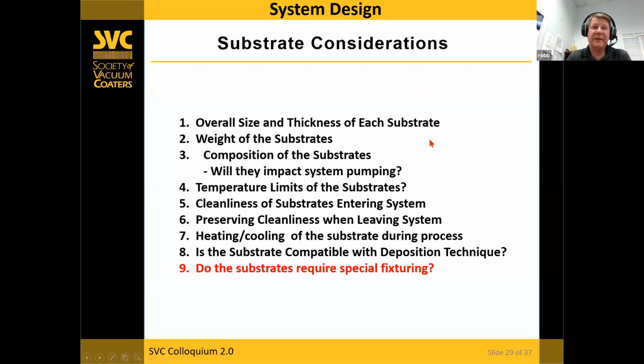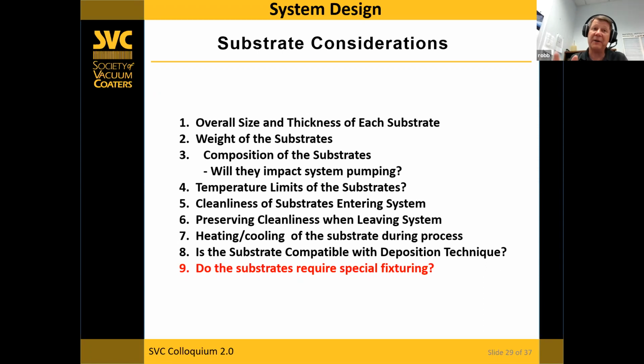Another thing that people miss when they're considering their substrates, or sometimes fail to tell the vendor or the people designing their vacuum systems, is that, you know what, I only want to coat 2 of these, but they're basically the size of VW cars. So they're not that easy to handle. Or, hey, these are small substrates, but they're made out of tungsten and they weigh 20 pounds a piece.